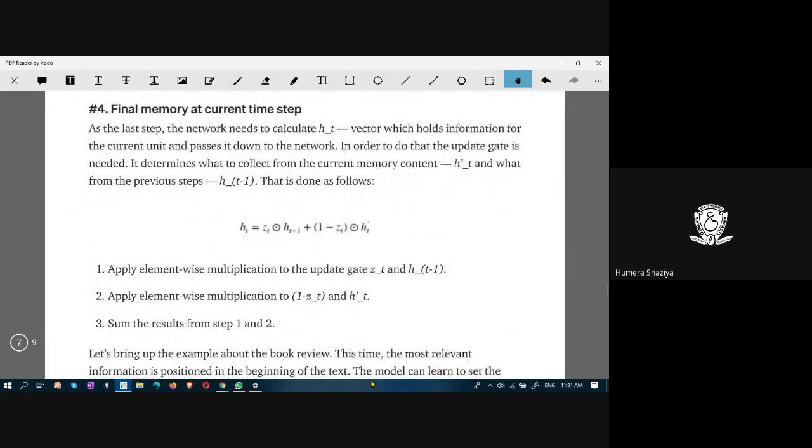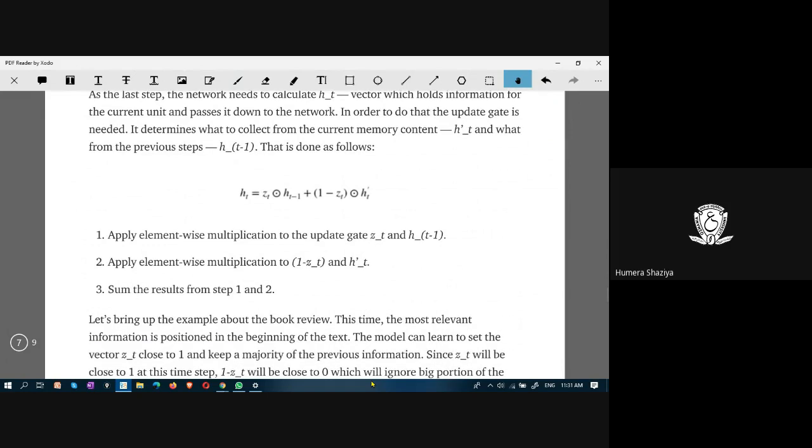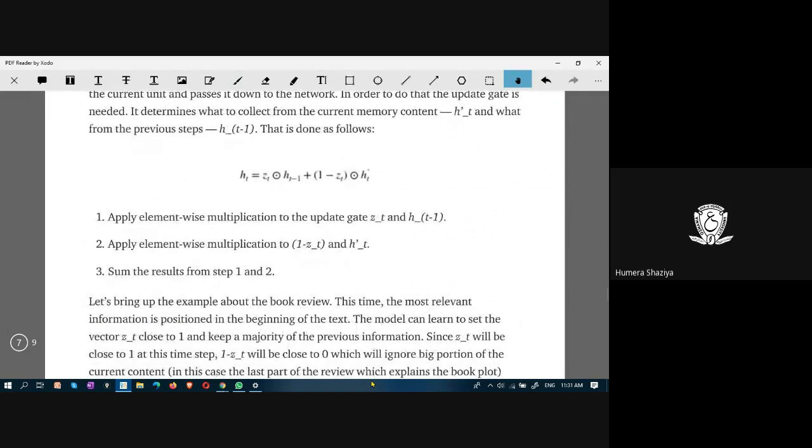Then there is a final memory at the current time step. What is happening in the final memory at the current time step? The steps are given here. Apply element-wise multiplication to the update gate ZT and HT minus 1.